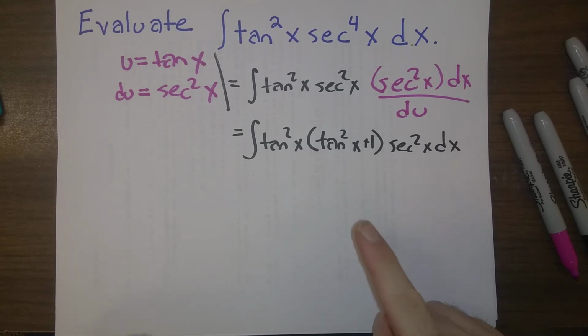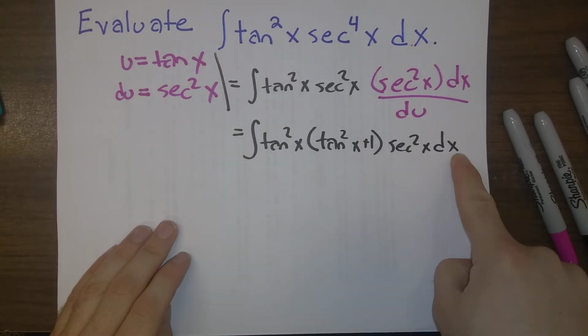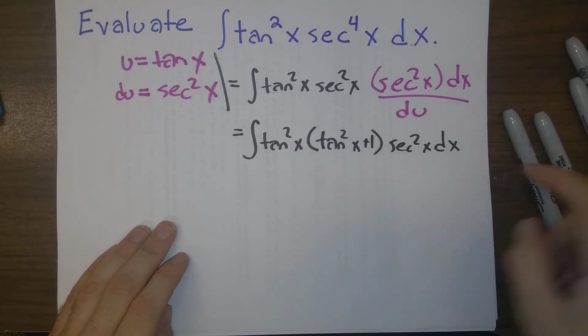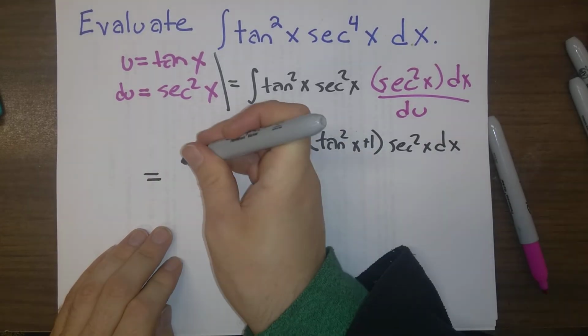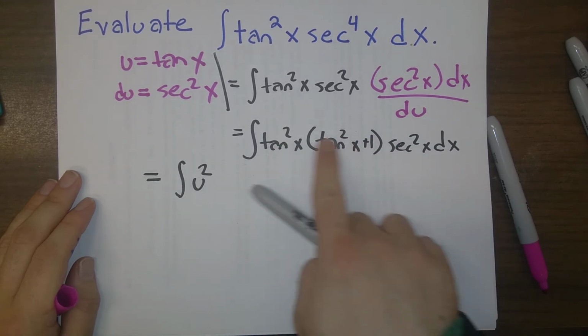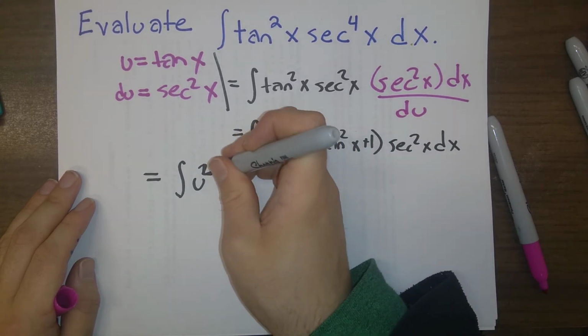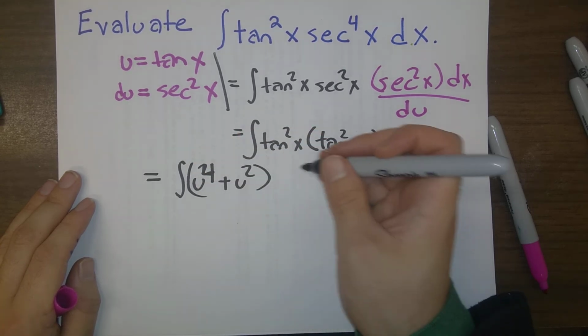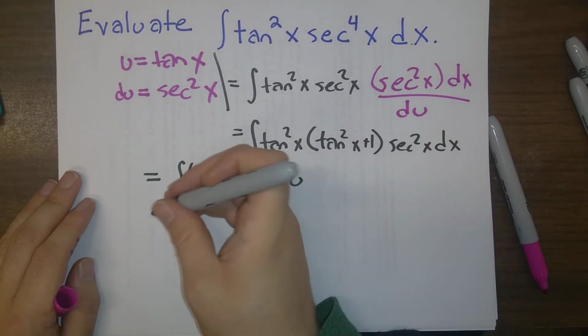Okay, so now we're ready to make our replacements. This is du. This is u squared times u squared plus 1. Multiplying that out, we get u to the 4th plus u squared du.